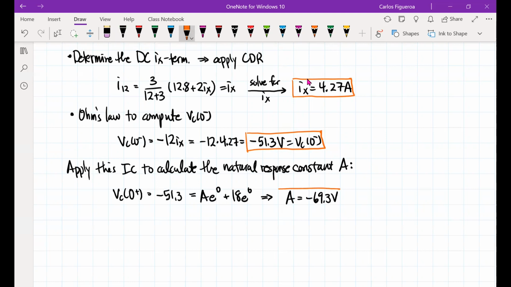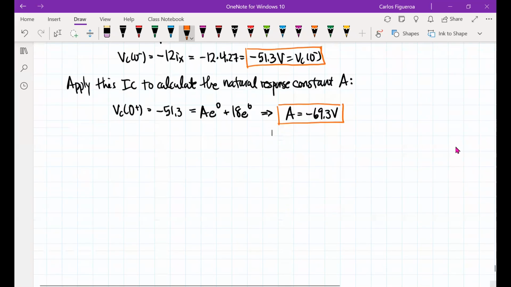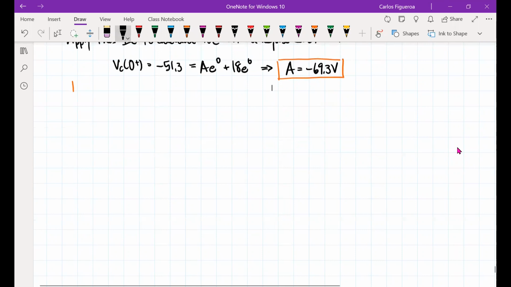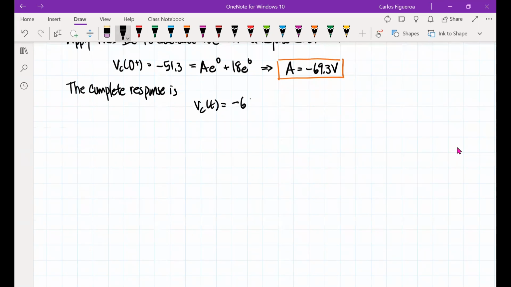So now I have all the constants that I need. So the complete response is this: VC of t has to be minus 69.3 e to the minus 9t plus 18 e to the minus 5t.